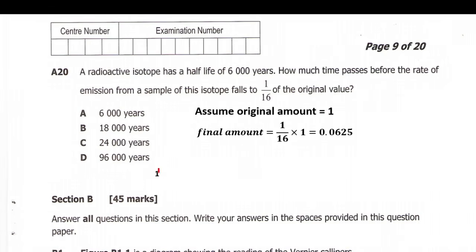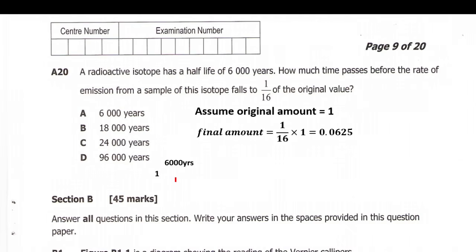The half-life of 6,000 years is the time taken for half of a radioactive material to decay. So for 1 to halve, the time it takes is 6,000 years.